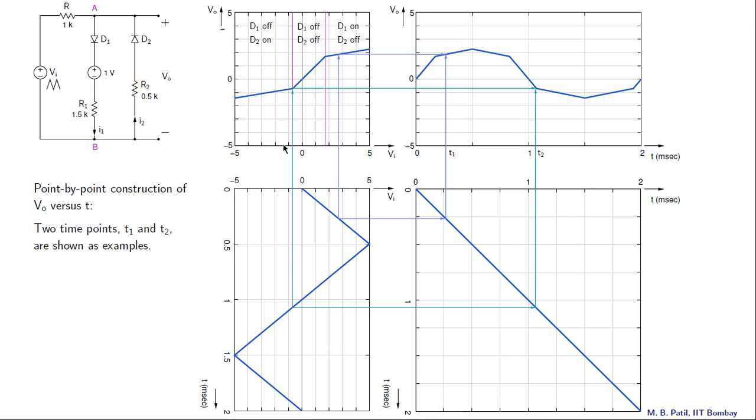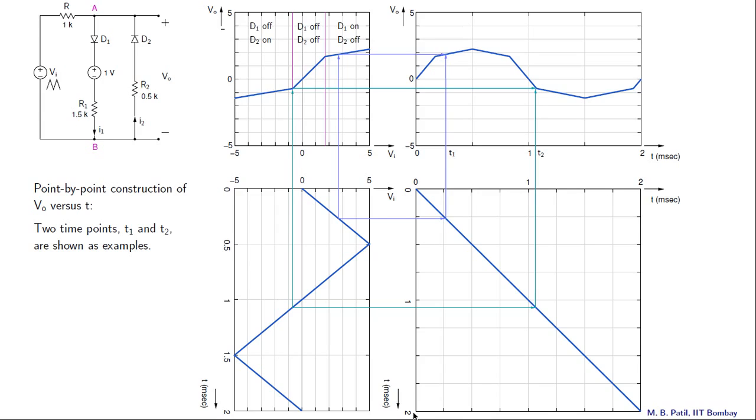Here is VO versus Vi as we obtained earlier. So what we want to do now is to use these two to obtain VO as a function of time. And to do that, we will use this plot here. This plot is time versus time.